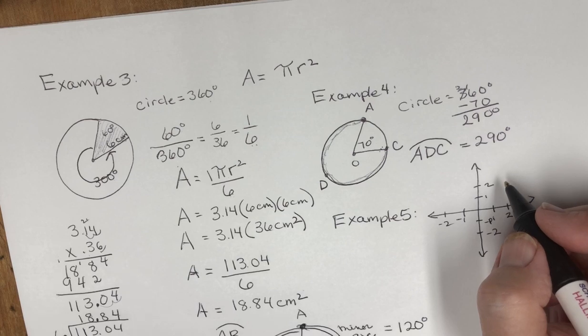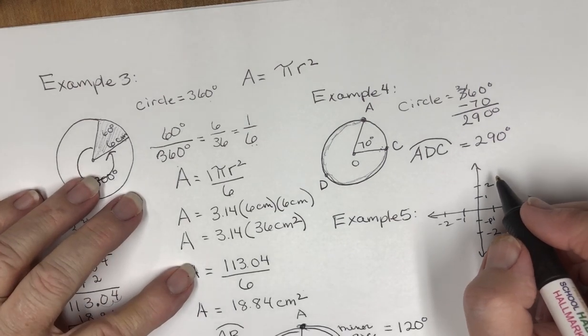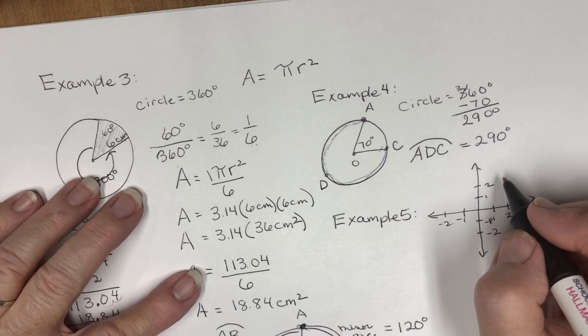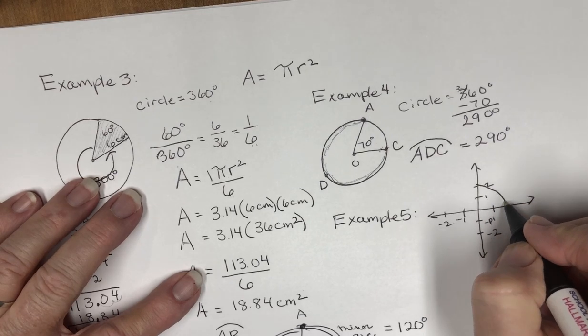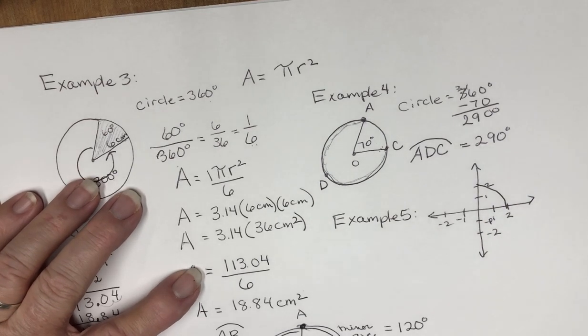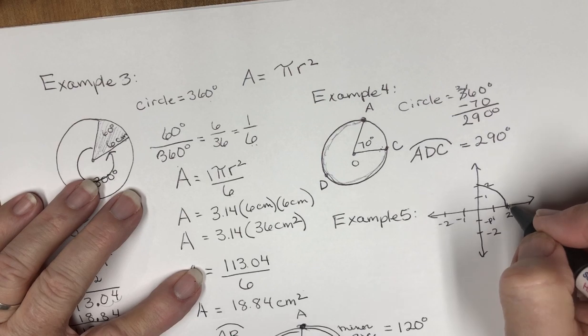And they have drawn in an arc from 2 to 2. And they say the minor arc with a radius of 2 centered at the origin is drawn from the positive x-axis to the positive y-axis. What is the length of the arc?